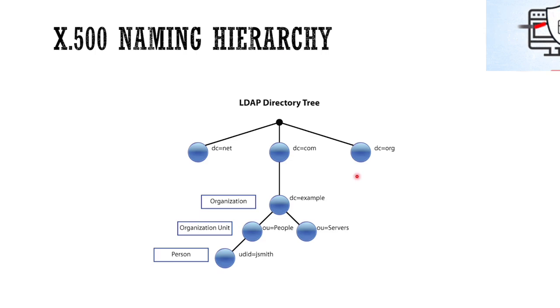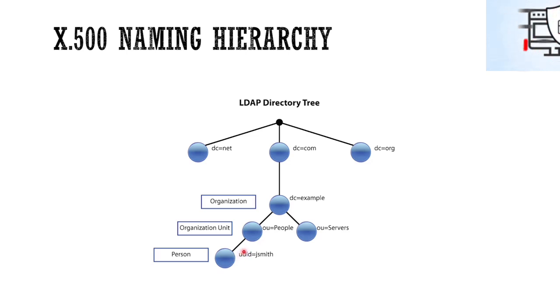So at the organization level, you'll have the domain component, the domain name, and then it might break out into organizational units, which are kind of like folders in a database. So you have an OU for people, an OU for servers, and more. You can have OUs inside of OUs. And then finally, you'll have what we call a leaf object, a person, a computer, a service.